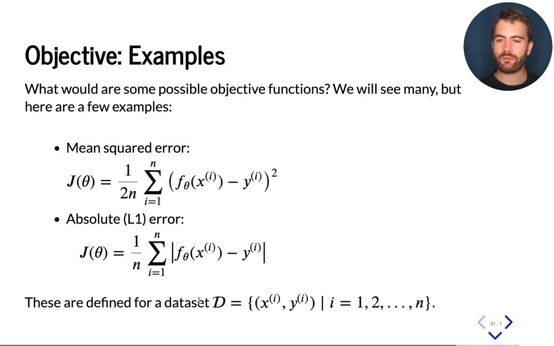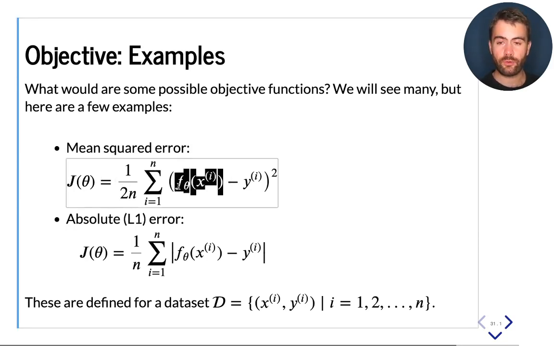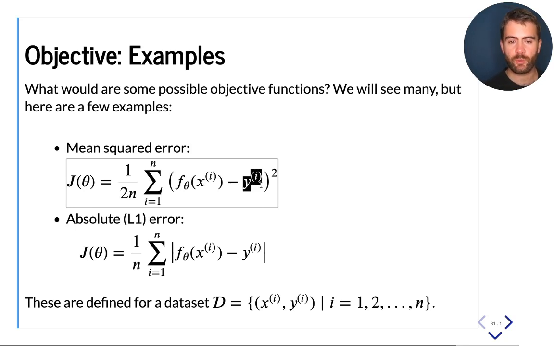There are many kinds of objectives that exist in machine learning, but here are a few simple examples. Perhaps the most widely used example of a supervised learning objective is the mean squared error. This is the definition of the mean squared error, and we simply look at the difference between the predicted value for the target from our model, and we compare it to the true target that we should be predicting.